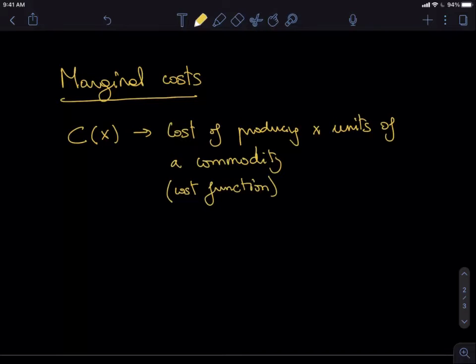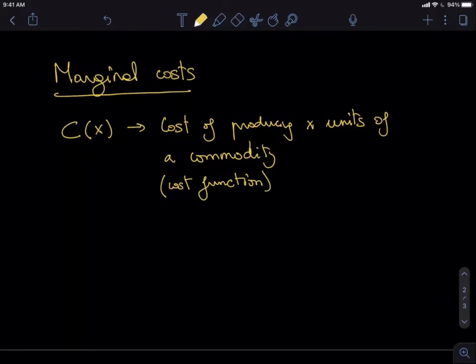Whenever we increase the number, so we increase from x1 units to x2 units, then the cost goes from c of x1 to c of x2.